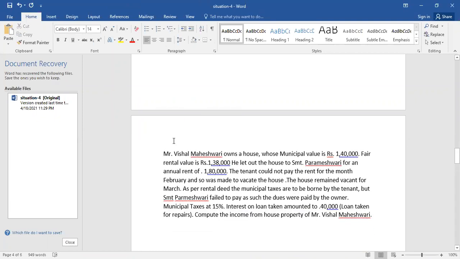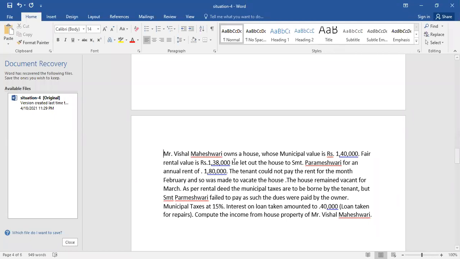Okay. So now we are going to look at the other sum which involves both ARV as well as the vacancy. Vishal Maheshwari owns a house whose municipal value is rupees 1,40,000. FRV is 1,38,000, and annual rental value is 1,80,000.